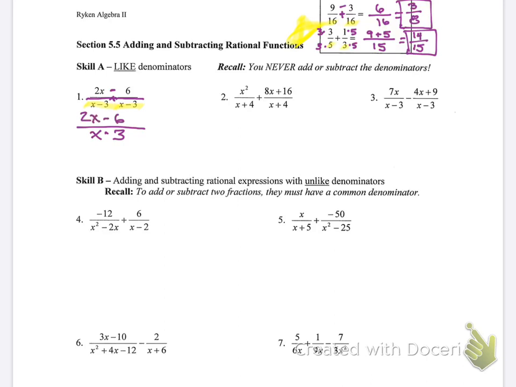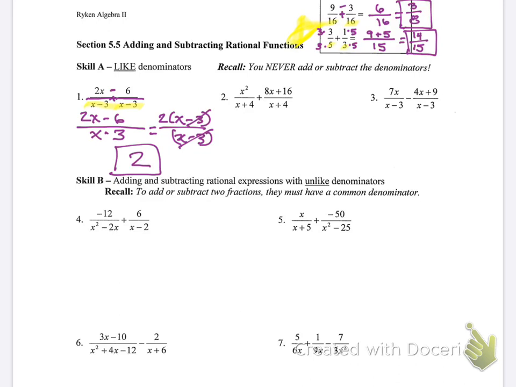The only thing left to do, just like with simplifying all of our other ones, like I would have given you a problem that looked like this and said, simplify it. So on top, I take out a 2. I'm left with x minus 3. And on bottom, I have x minus 3. Once it's factored, if you have a factor that is on top that's also on bottom, you cross them out. So this answer is just 2.